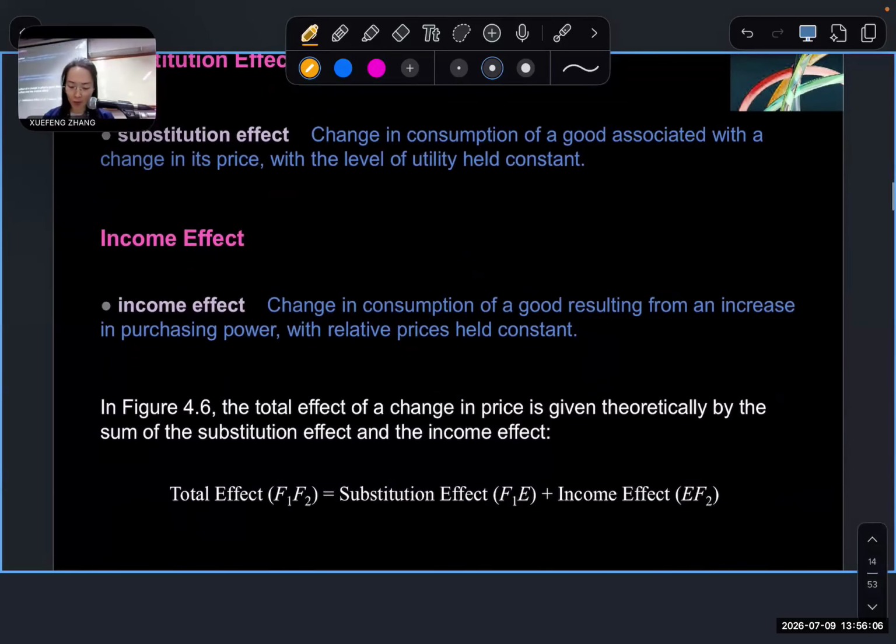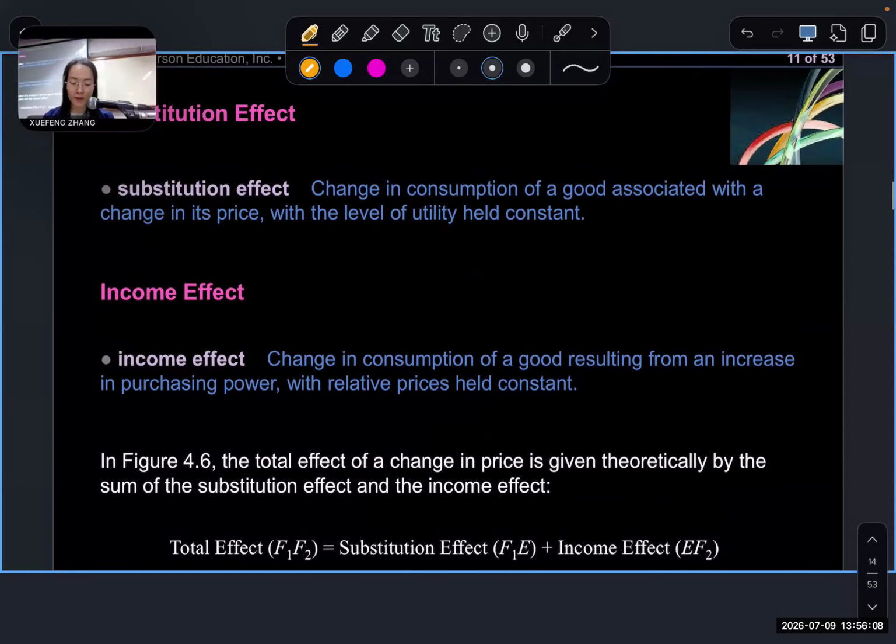Okay, so here we have a formal definition of substitution effect and income effect. Let's see it one by one. Substitution effect is the change in consumption of a good associated with a change in its price, with the level of utility held constant, which means the same happiness but a different price ratio.